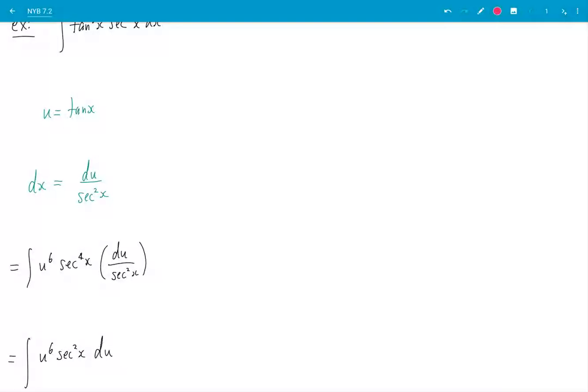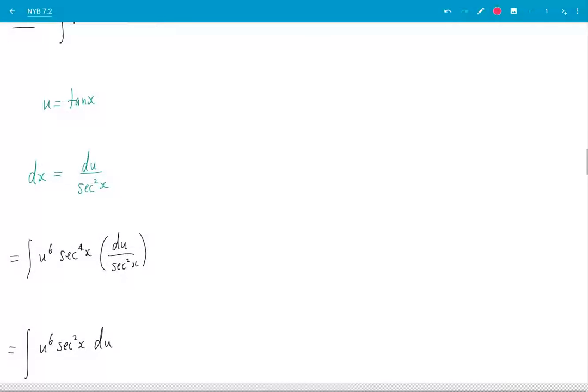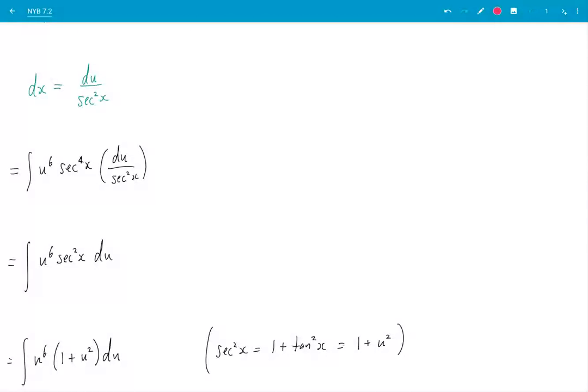An even power of secant tells me that this factor involving x can be turned into something involving u, because secant squared can be related to tan squared via a fancy little trig identity here.